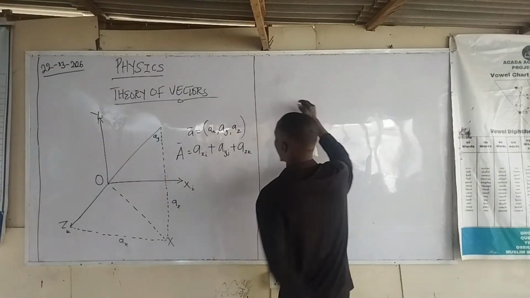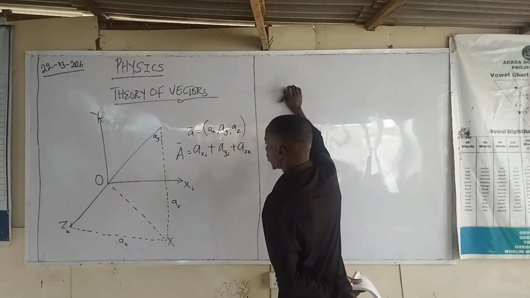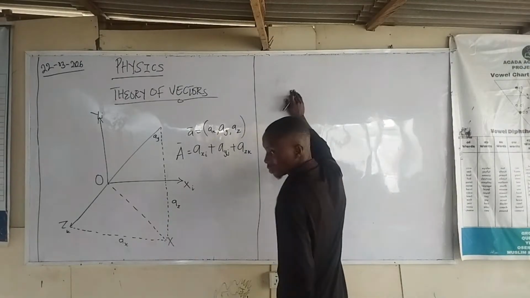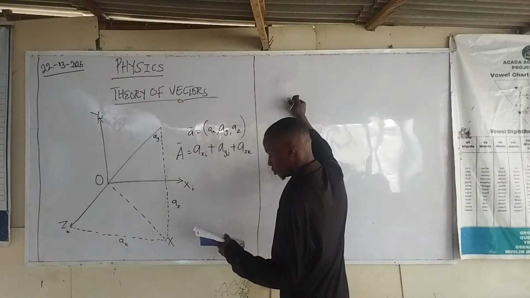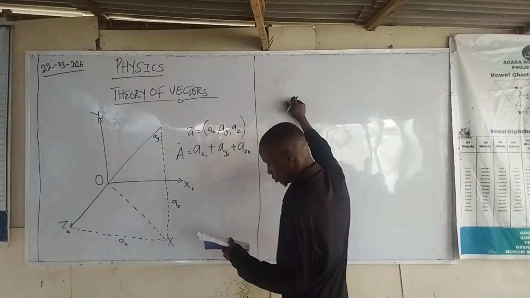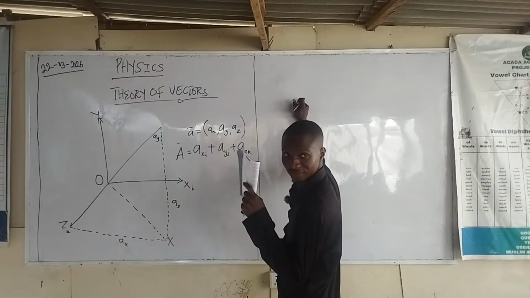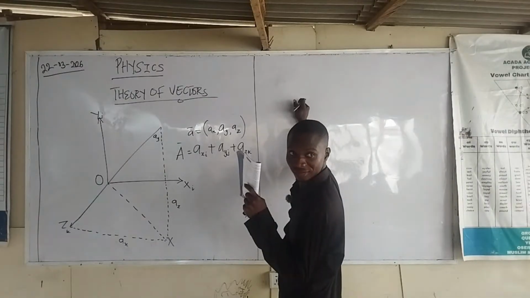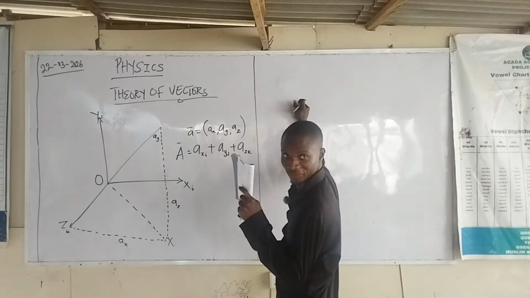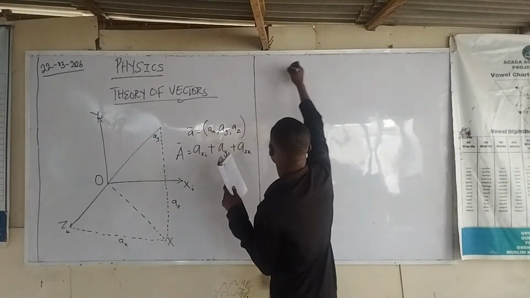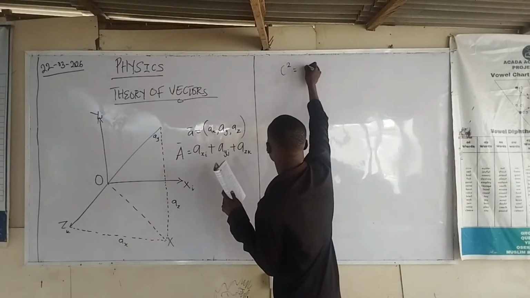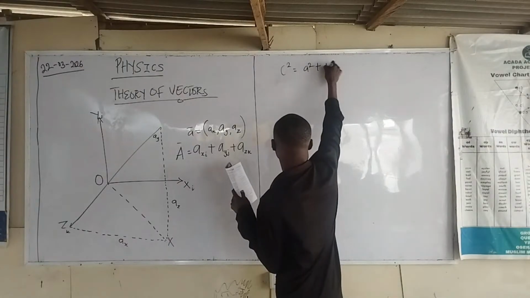What's the Pythagoras formula? C square is equal to A square plus B square.